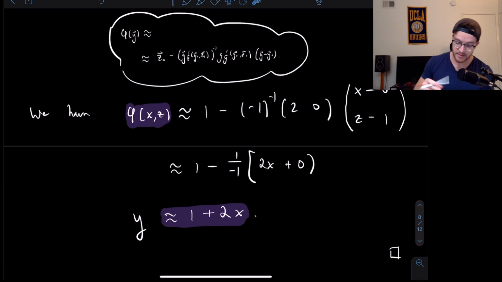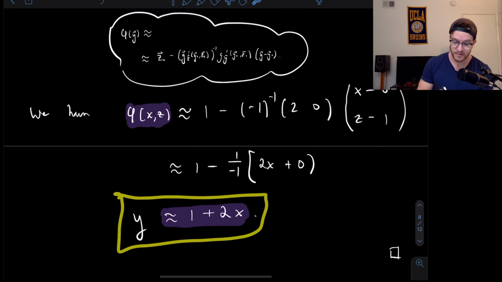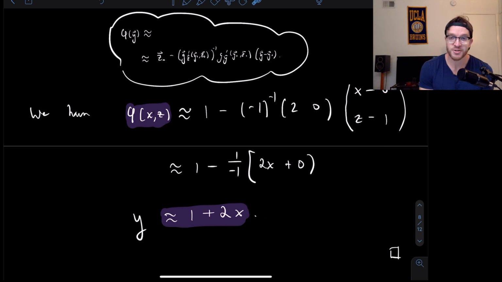This is the equation of the tangent plane to that surface at the point of interest. So this should make a whole lot of sense, right? What we're doing here is we have some surface, and I've found a point. Maybe I'll draw a picture.